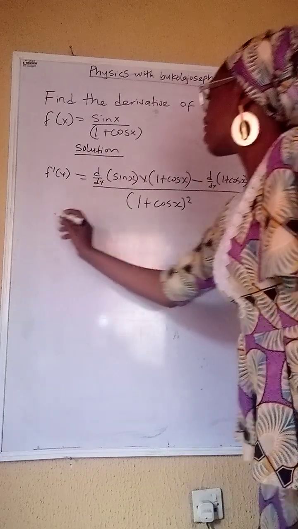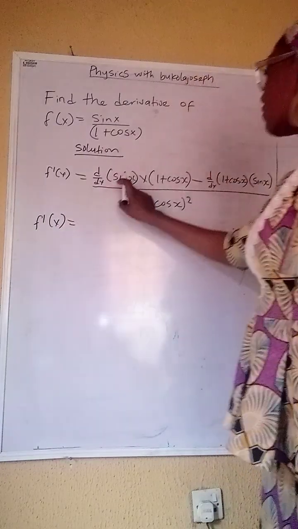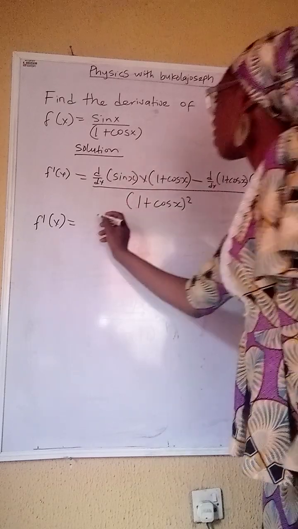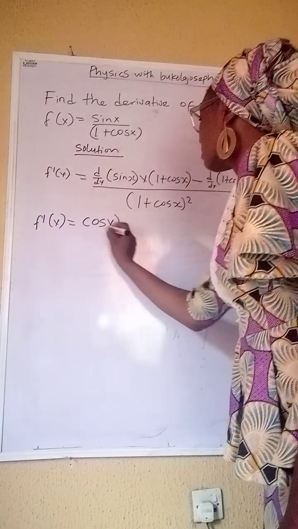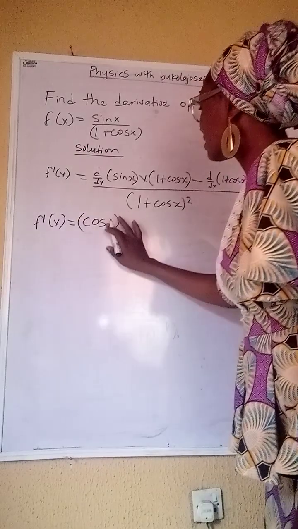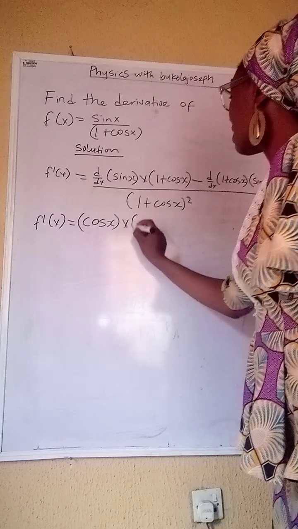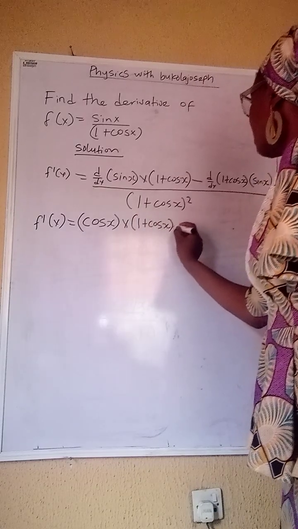So now let's differentiate. So we are going to be differentiating this one. So we have this is equal to, differentiation of sine x is simply cos x. So we have cos x times 1 plus cos x, minus.